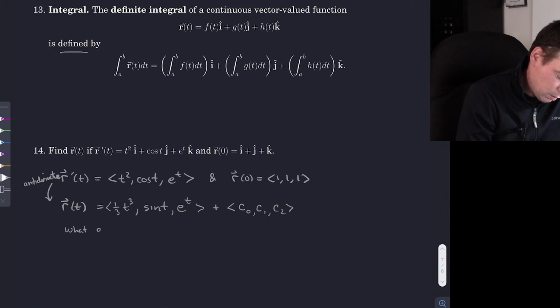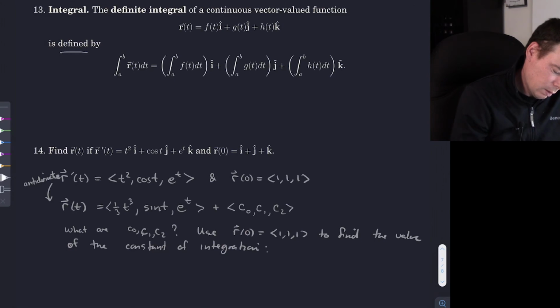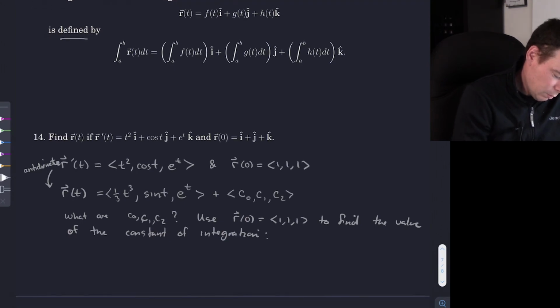Now what are C0, C1, C2? Well, we use the fact that r of 0 is (1, 1, 1) to find the value of the constant of integration. We know that r of t is (1/3 t cubed, sine t, e to the t) plus (C0, C1, C2).